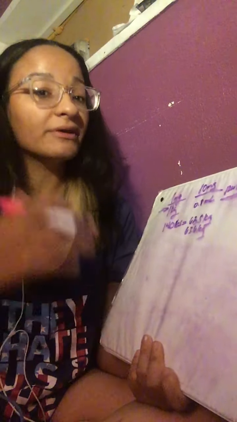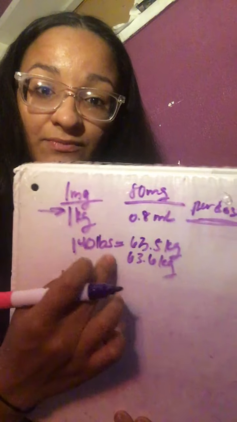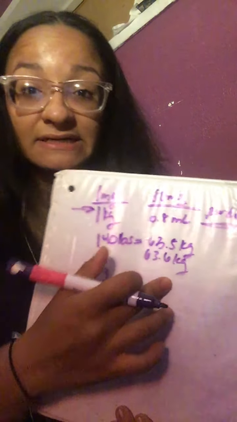Now, if you've already converted it in the first question, or you still need to convert it, which I will show you on the tree, depending on if you rounded the factor 2.2 pounds, it's not exactly 2.2 pounds, it's 2.2046, something like that. You will get 2 different answers, which I wrote, 63.5, 63.6, but it's a minuscule number. When you round, you will still get the same, right?